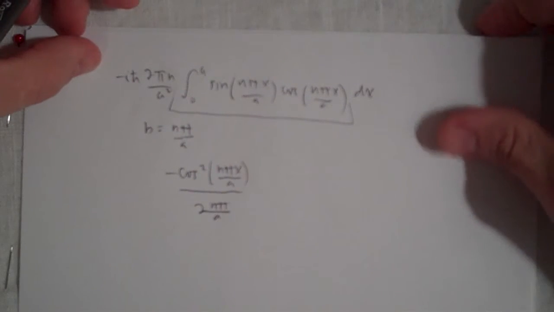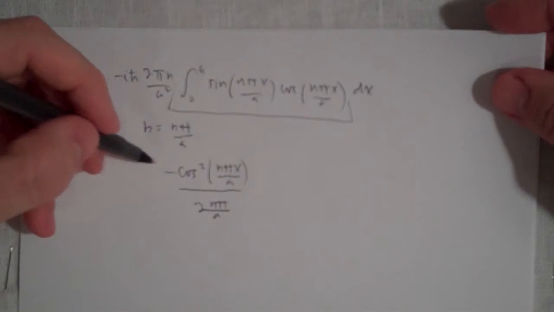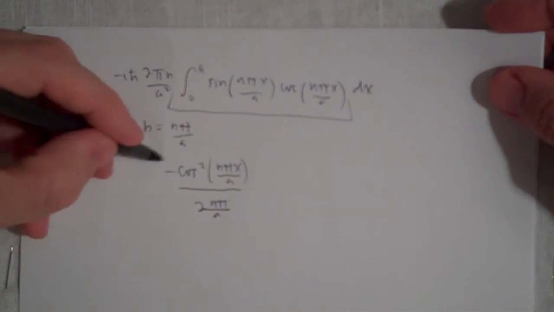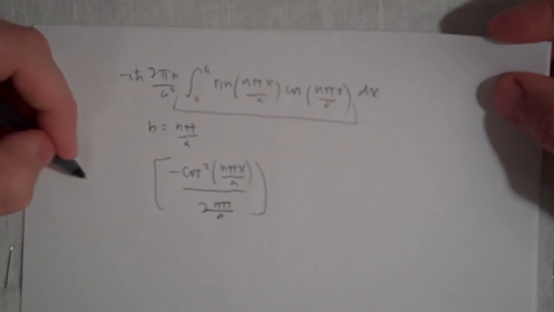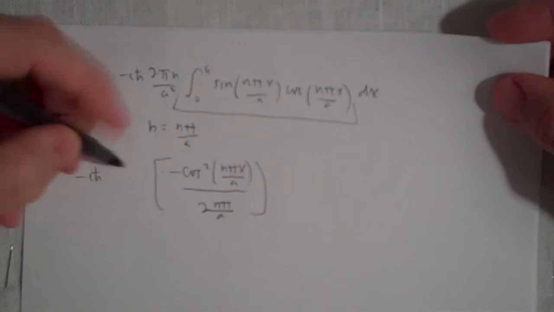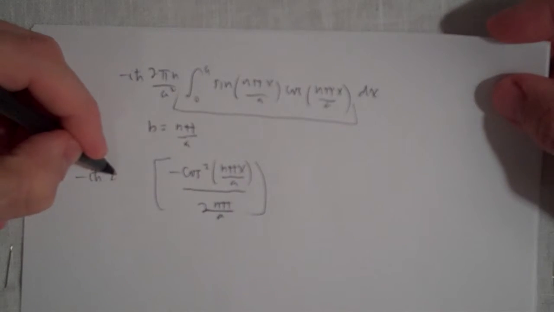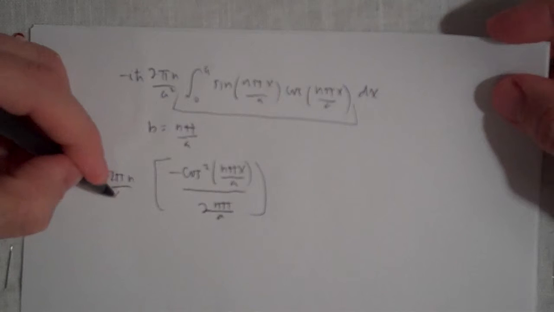Okay? That's what this thing is, alright? So then we also, what we have up front is minus i h bar 2 pi n over a squared.